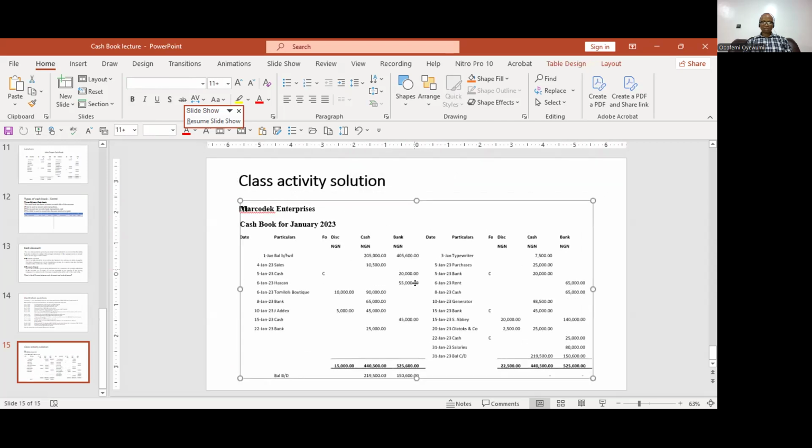All right. So that is bringing us to the end of the class. So we have been able to go through everything from the beginning, the definition of cash book. Talking about the different types of cash book, single column, two column, and then the three column cash book.